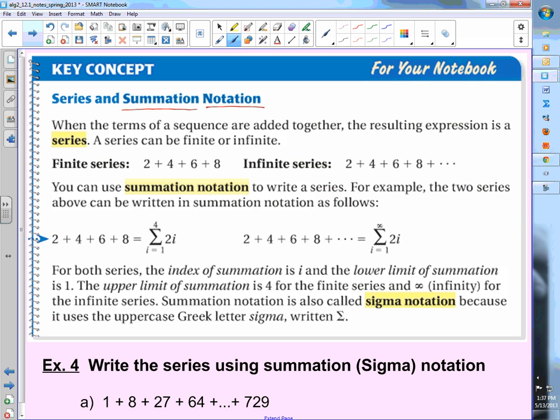It's called sigma, and when we use this notation it usually implies that you're finding the sum of a sequence, or more likely the sum of a series. And a series is a sequence where you replace the commas with pluses. So your sequence 2, 4, 6, 8 as a series becomes 2 plus 4 plus 6 plus 8.